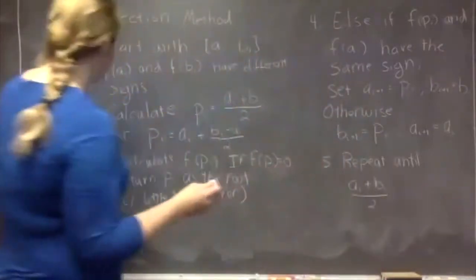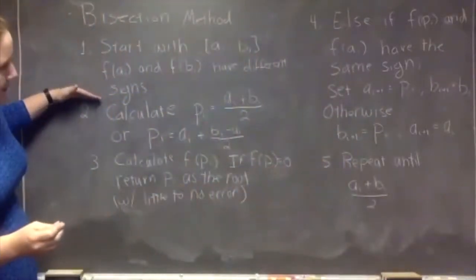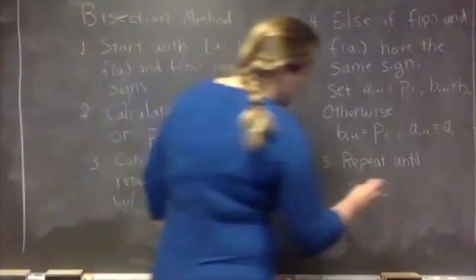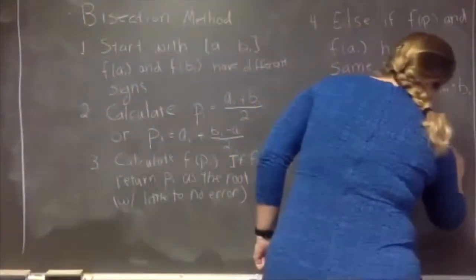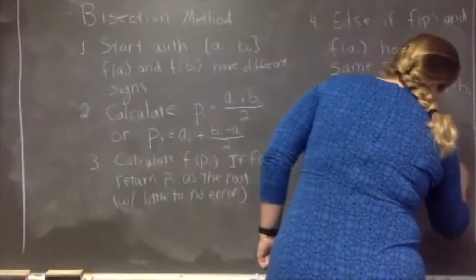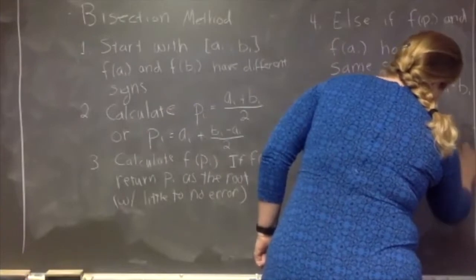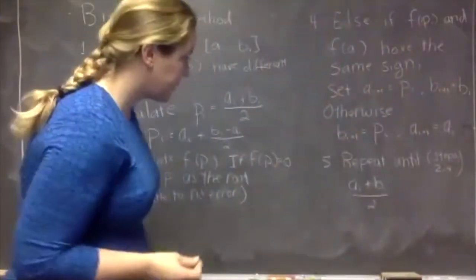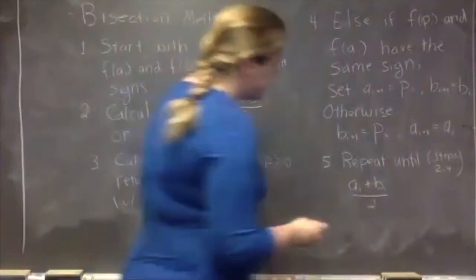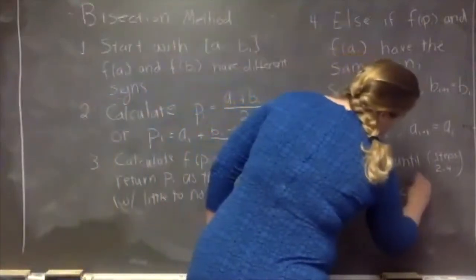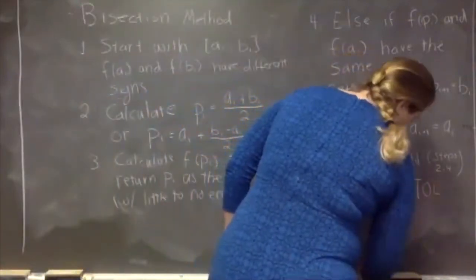So obviously when I say repeat, I mean repeat steps 2 through 4. I'll write that here, steps 2 through 4. Obviously you're not going to reset your a1 and b1 every time through the loop. Repeat until this is less than your error tolerance.